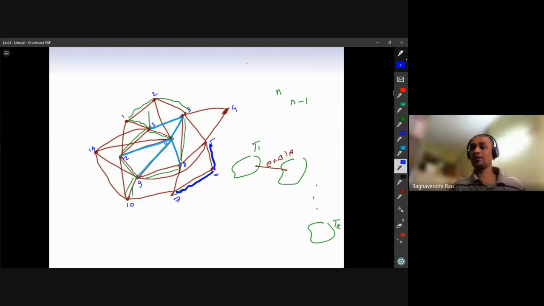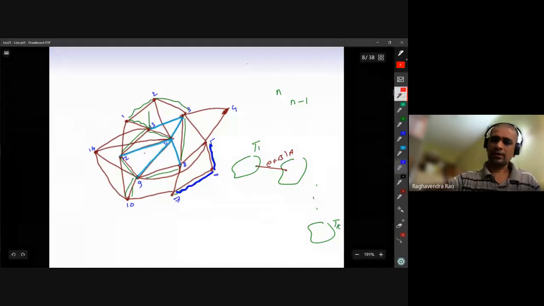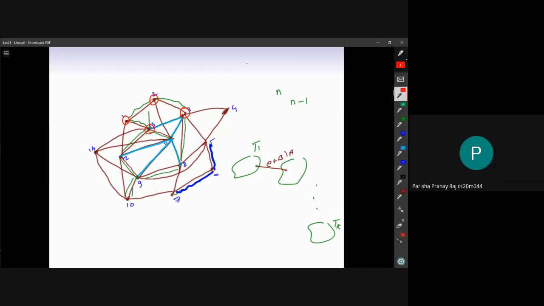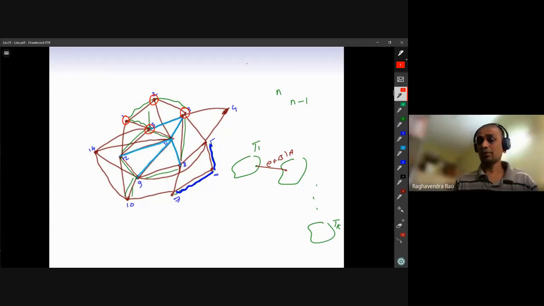So now what are the components? What are the trees with respect to A? 1, 2, 3 are trees anyway, right? We counted isolated vertices, right? So this is a tree in A, this is a tree in A, this is a tree in A, this is a tree in A. These are all trees in A. When I say tree, this is also one of the Ti's.